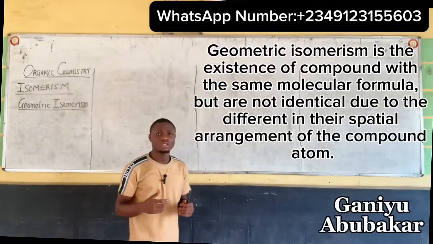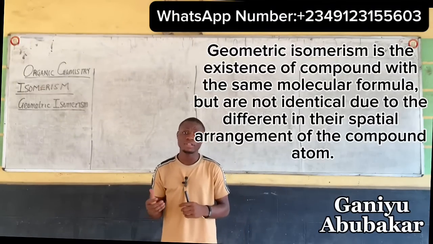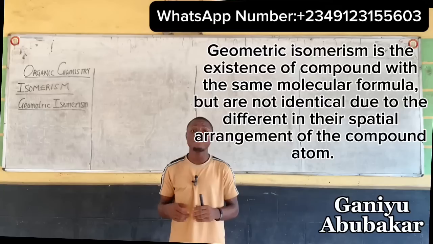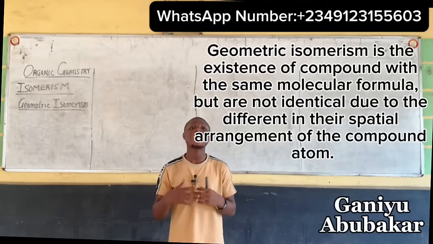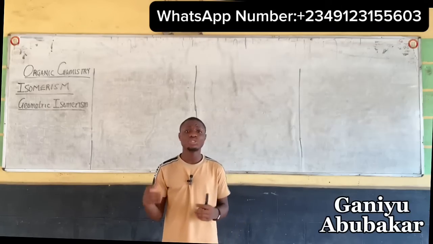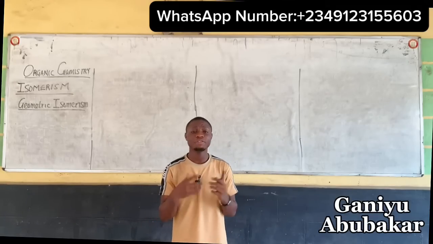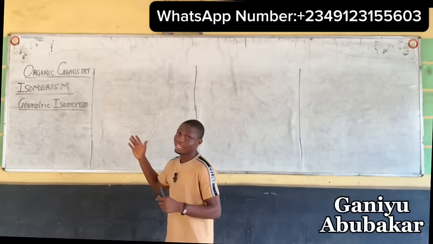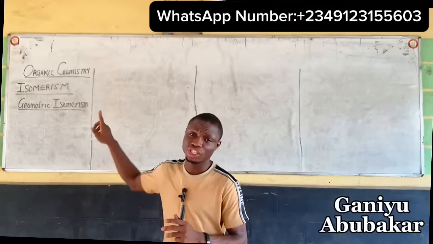By definition, geometrical isomers is the existence of two or more compounds with the same molecular formula but are not identical due to their spatial arrangement of atoms in space. That's how you define geometrical isomers. Here is what you need to note when it comes to this concept.